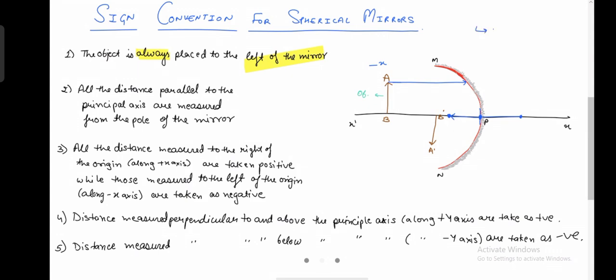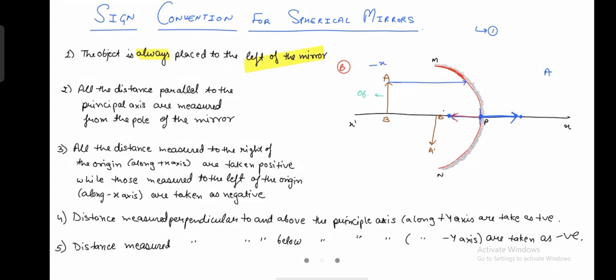First, every length has to be measured from the pole. If you are measuring on this side, let's name this side A, you are starting from the pole and going towards this side. While if you are measuring on the B side, let's name this side B, you are starting from the pole and going in this direction.